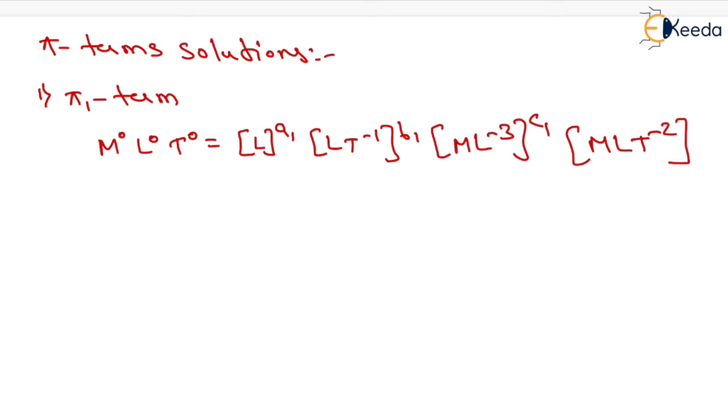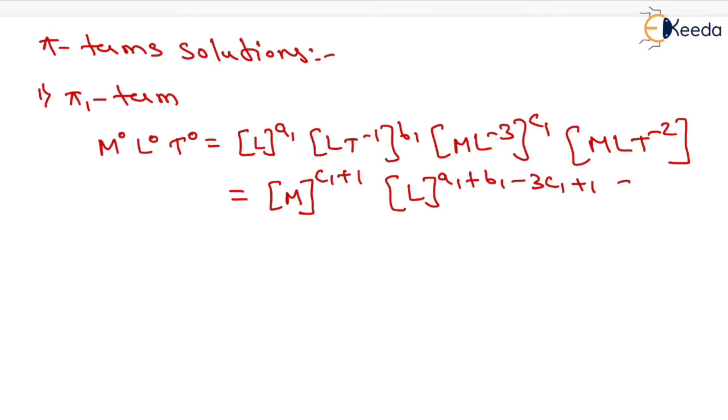This is the dimension formula for all the parameters. Now on reducing this, we will have M to the power c1 plus 1, similarly L to the power a1 plus b1 minus 3c1 plus 1, and T to the power minus b1 minus 2.